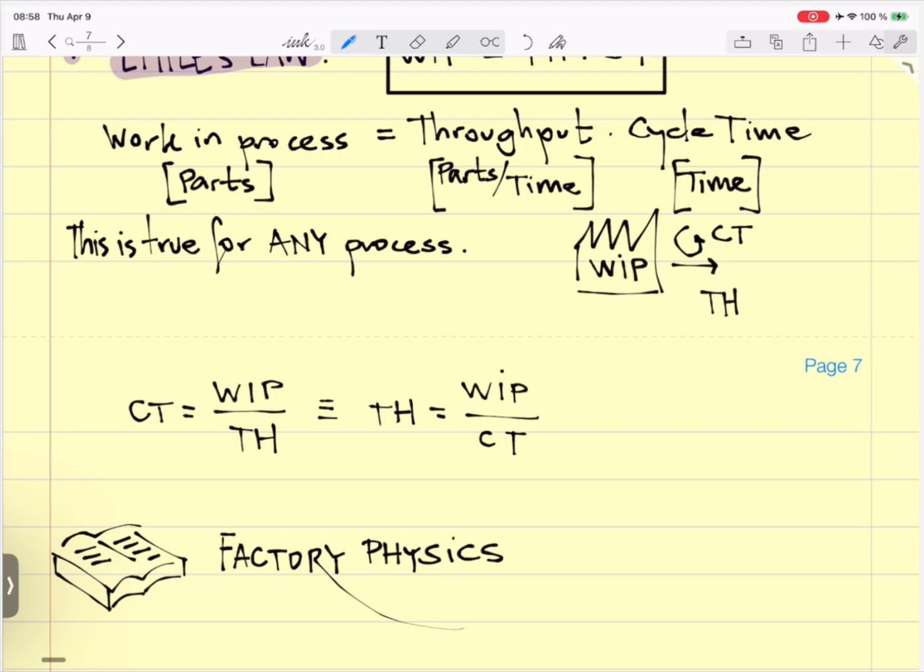I think the authors are Spearman and Hopp.